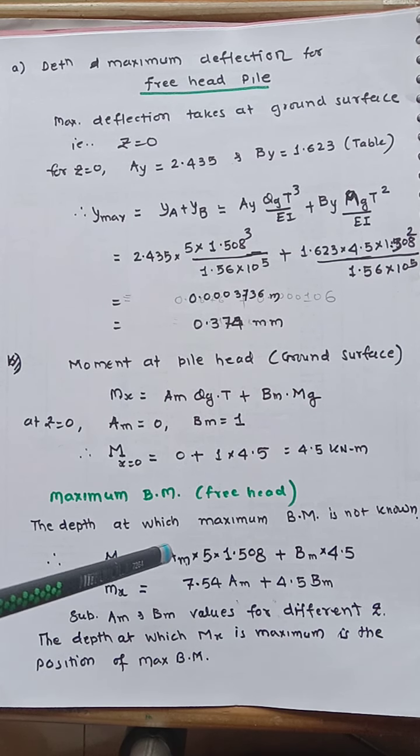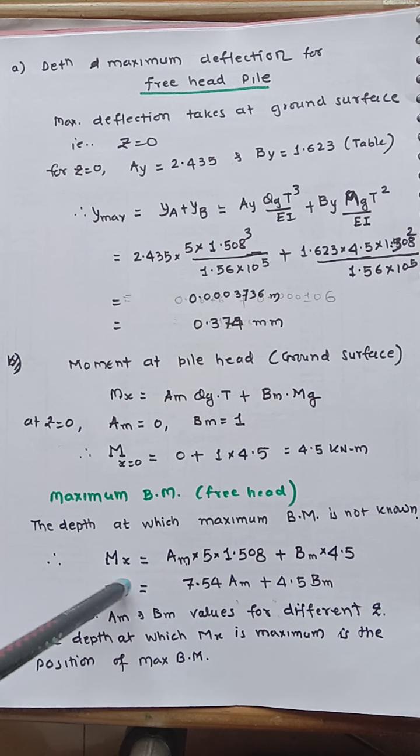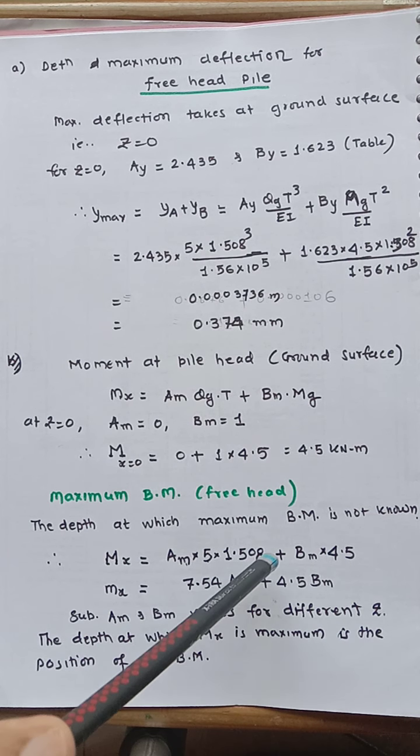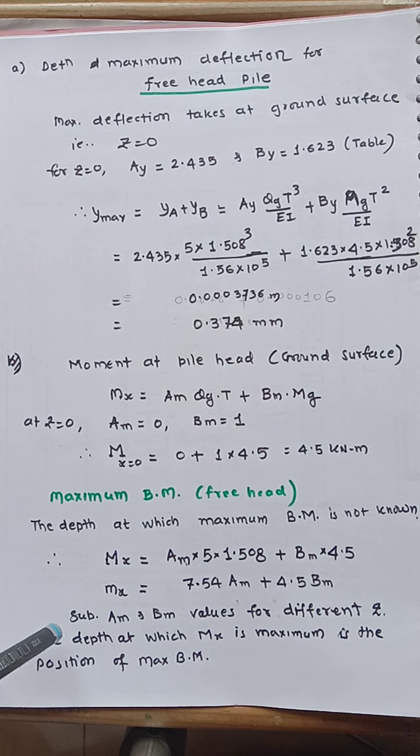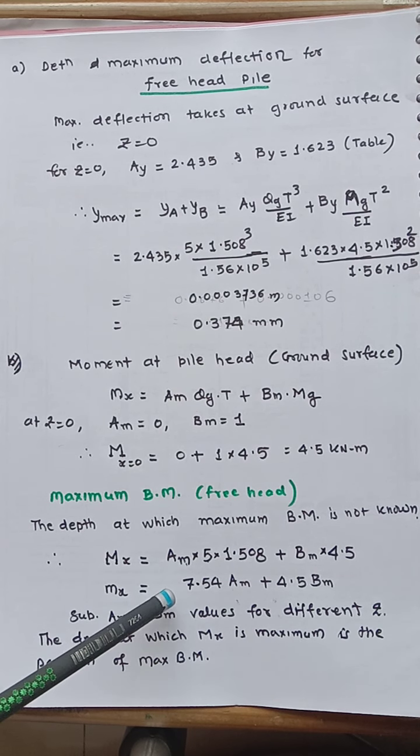Let us see. The final expression is 7.54 AM plus 4.5 BM. Now substituting AM and BM values for different Z, we find the depth at which Mx is maximum. We get the equation Mx is equal to 7.54 AM plus 4.5 BM.